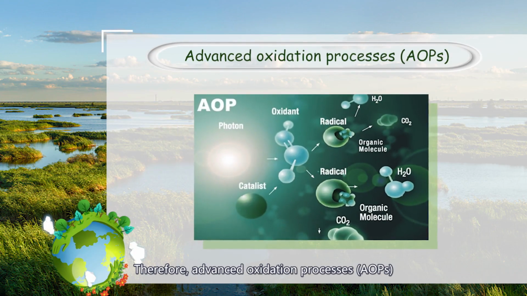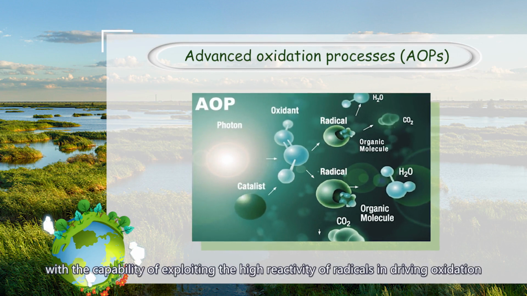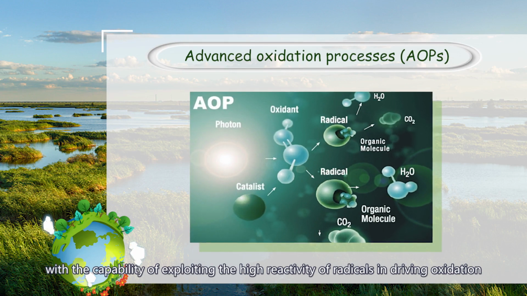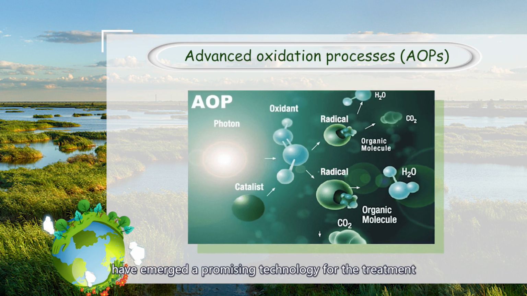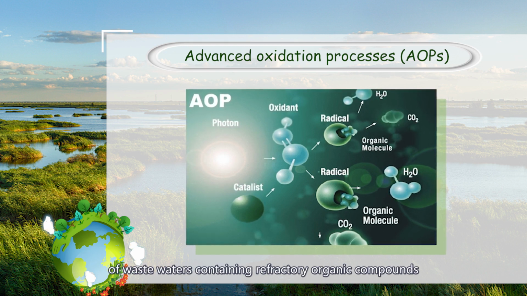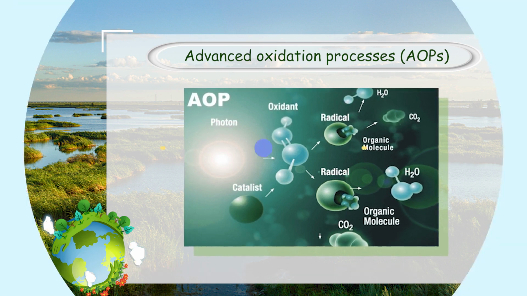Therefore, advanced oxidation processes, AOPs, with the capability of exploiting the higher reactivity of radicals in driven oxidation, have emerged as a promising technology for treatment of wastewaters containing refractory organic compounds.